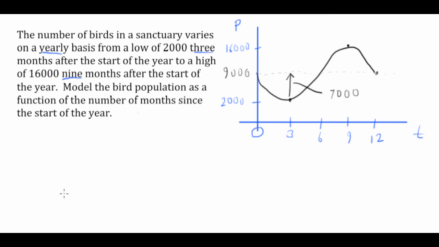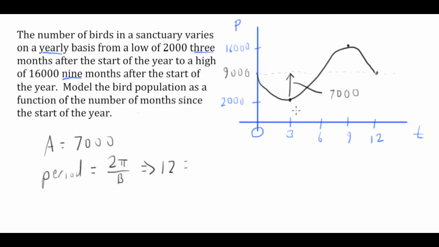Now with all this information, we can start to put together the parameters that we need to describe this trigonometric graph. So a couple of things here. We already know our amplitude. Our amplitude A is going to be 7,000. We know our period is equal to 2 pi divided by b, which in this case means that we have 12.